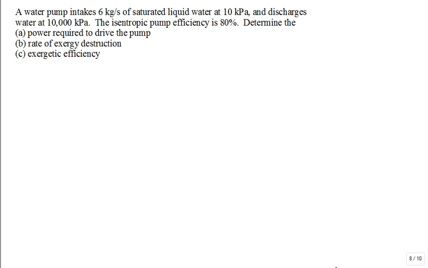Ready for another problem? Yes. So a water pump intakes 6 kilograms per second of saturated liquid water at 10 kPa and discharges the water at 10,000 kPa. So we draw our image of a water pump. Comes in at state 1, exits at state 2.